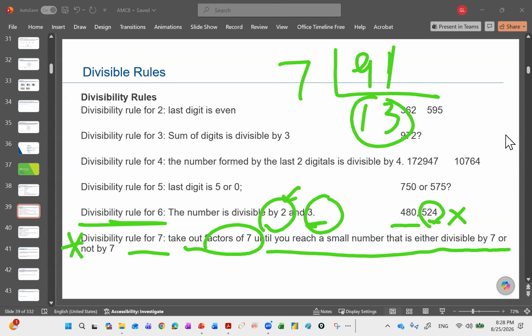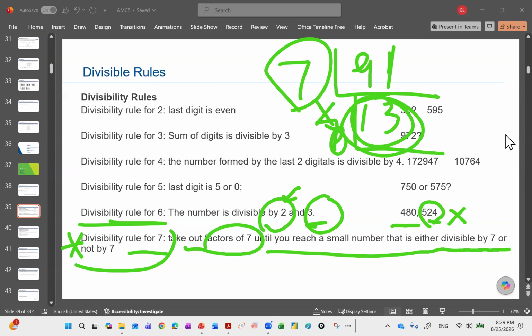So it's 91; you take this factor out, and the rest is still a whole number, right? So it's still a whole number, so they are divisible. This one, divided by 7, is a little bit tricky. Okay, let's go a little bit more.